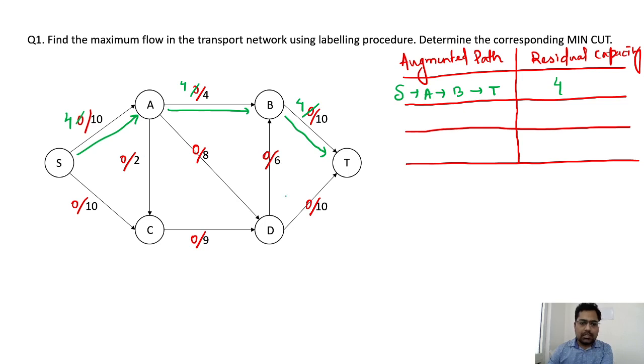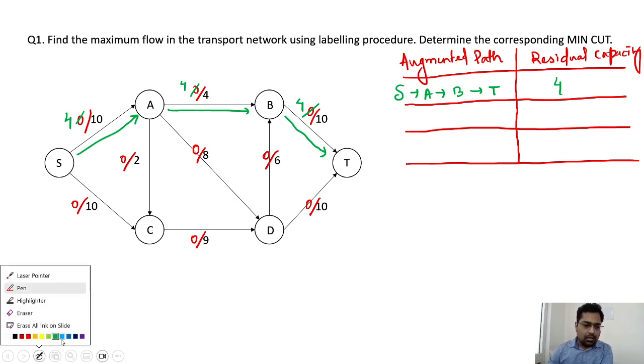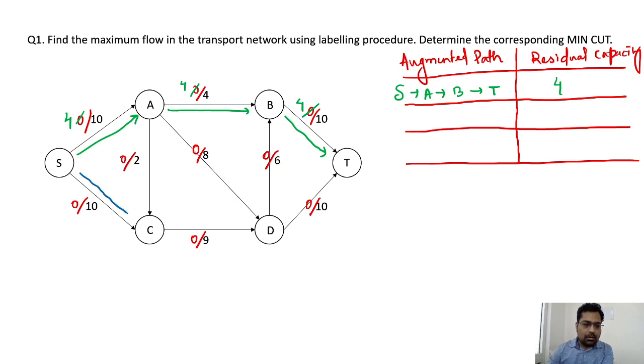Okay, so here we have done it. Next path will be this one, which I told you, like the non-conflicting one we should focus on here. Next to this, then this. As per this, we found S, then C, then D, then T. The minimum one is 9.